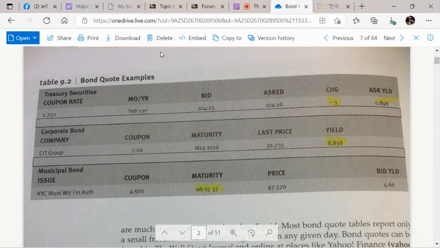So now we know that. And then the fourth column is last price, right? $91.735. Now, if it is $91, what is 735? I mean, shouldn't it be rounded to 74?